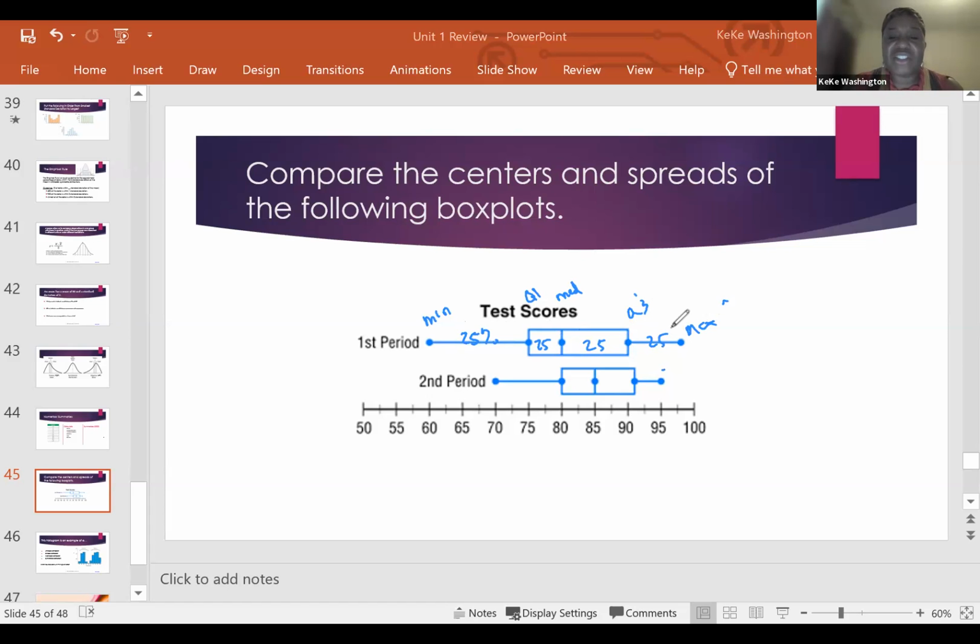Remember, by definition, the middle 50% of your data is your IQR, Q1 to Q3. So if I'm asking you about the spread of the box plot, you look at the box. If I ask you about the center of the box plot, that vertical line in the middle of the box, that's the median.